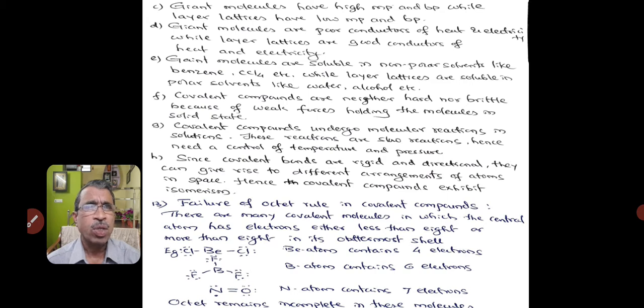Giant molecules are soluble in non-polar solvents like benzene, carbon tetrachloride, etc., while layer lattices are soluble in polar solvents like water, alcohol, etc.